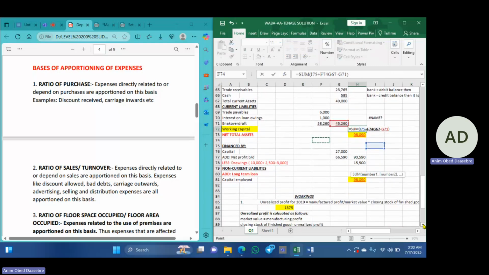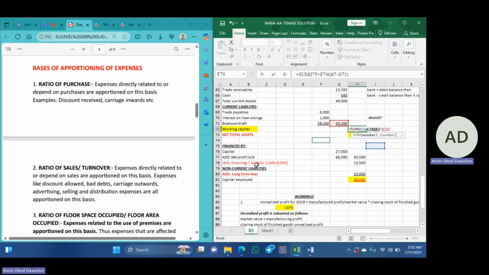Then you come to your financed by. The financed by, you always have your capital accounts. You take the balance over here, right? Take your balance for the capital account, then you add your net profit that you have calculated from the income statement, then you less drawings.